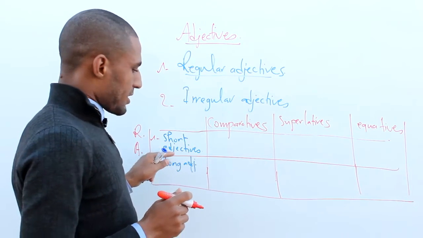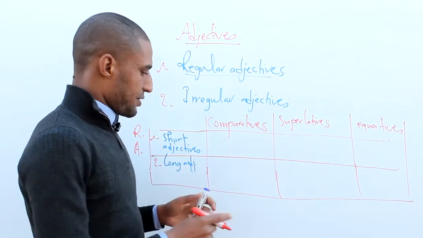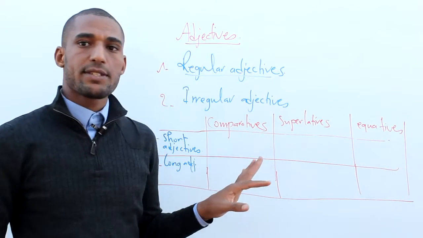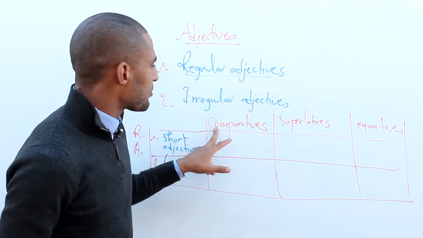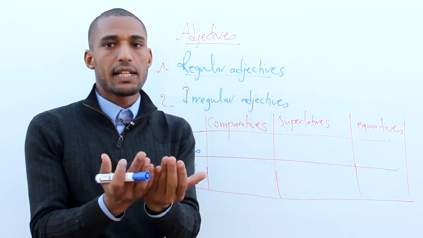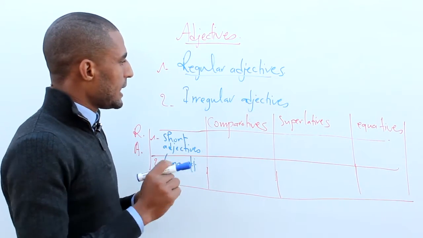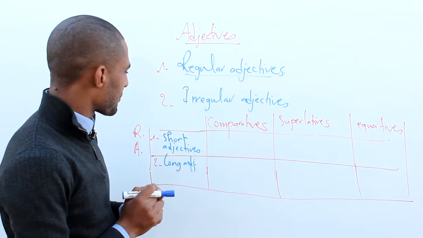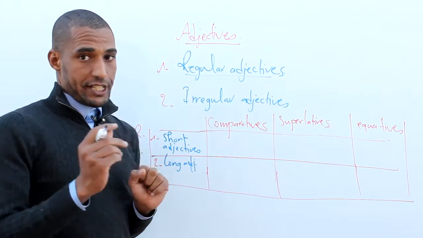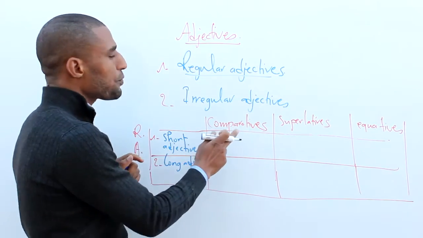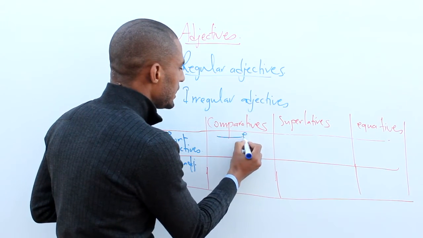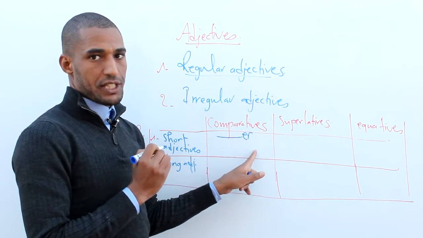Great. So let's go back to the short adjectives. Short adjectives right now, the objective of this lesson, as I told you before, is how to form the comparative, how to form the superlative, and how to form the equative, equality between two things or two people on the basis of a particular description. For short adjectives, we form the comparative simply by adding ER at the end of the adjective.